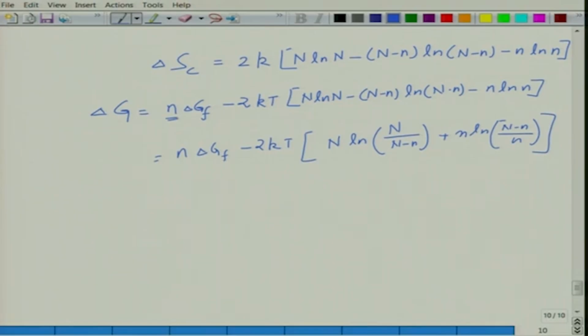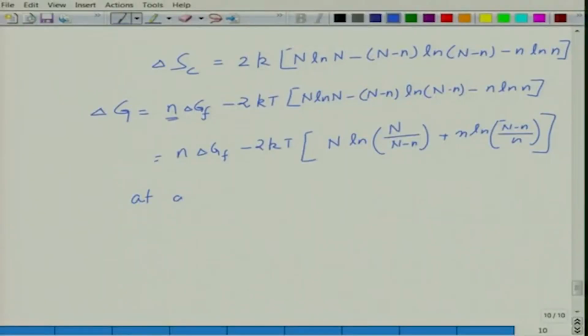Now what you have to do is this: if vacancies were stable defects, then at a certain concentration the free energy would be minimum. That means at a stable vacancy concentration or defect concentration, delta G should be minimum, which means del of delta G divided by del of n must be equal to 0.